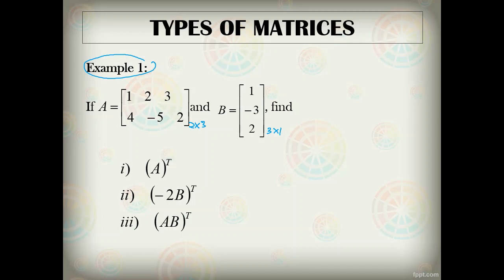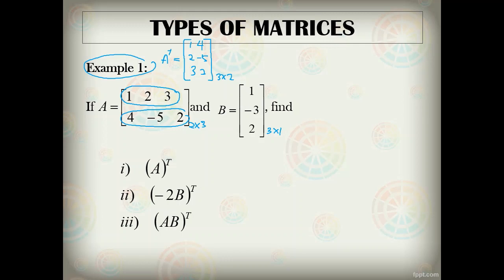So this is our A. We transpose each of the rows here to become the columns. So first row becomes the first column. And the second row will become the second column, which is 4, minus 5 and 2. So this is A transpose with matrix 3 by 2 because we have 3 rows with 2 columns.